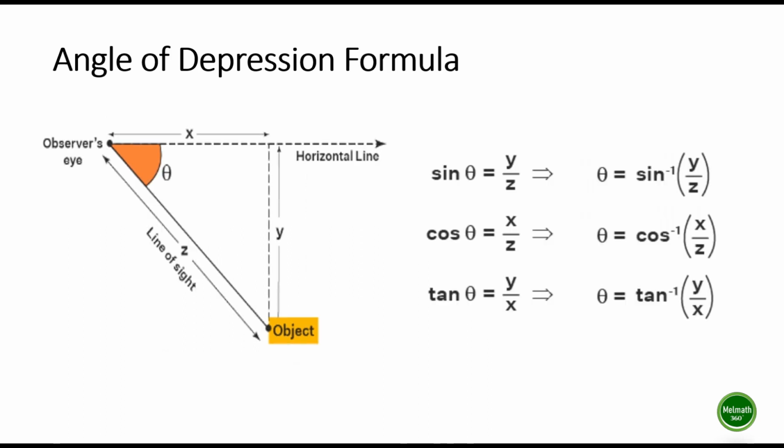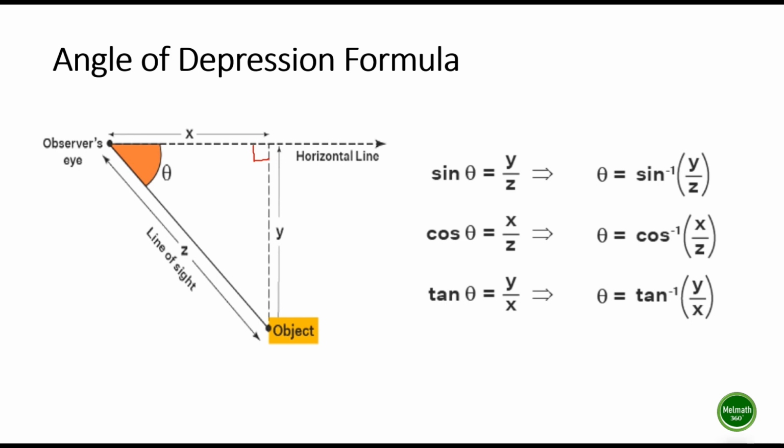The formula for the angle of depression is the same as basic trigonometric ratios. If any two sides of the right triangle are known, we can easily find the required angle of depression. Sin theta equals y over z. In finding the angle, theta equals inverse sine or arc sine y over z.